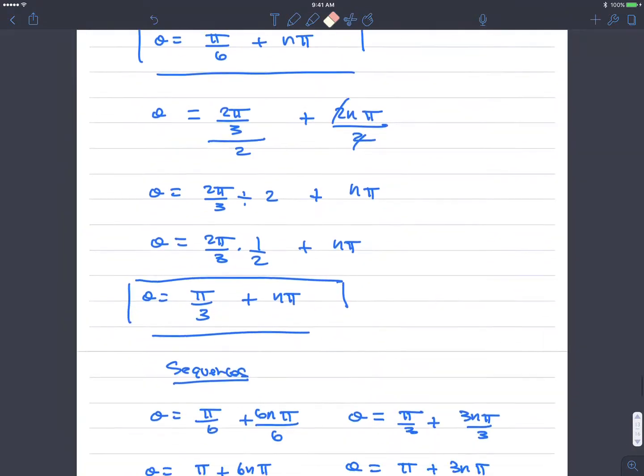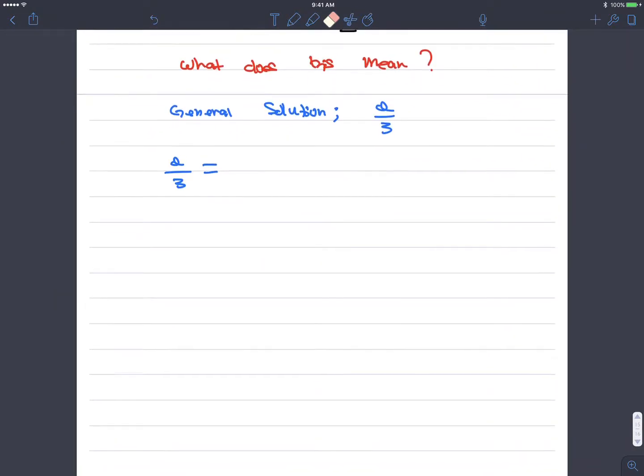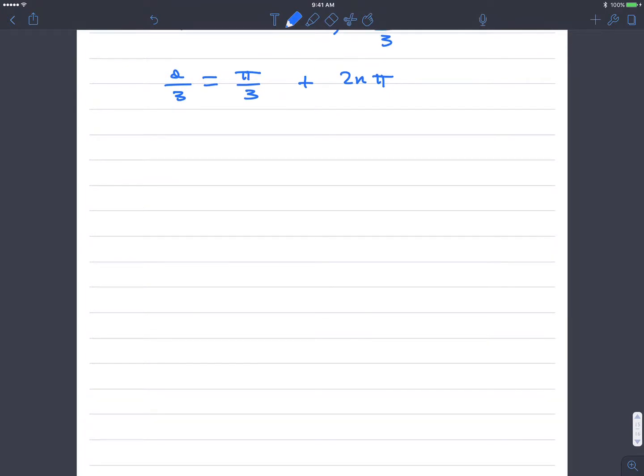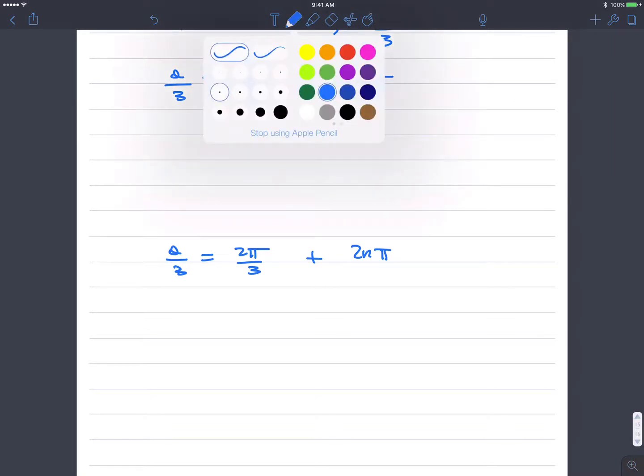Theta over 3 is pi over 3 plus 2m pi. And way down here, I'll say theta over 3. What was the other one? Was it 2 pi over 3 plus what? 2n pi.